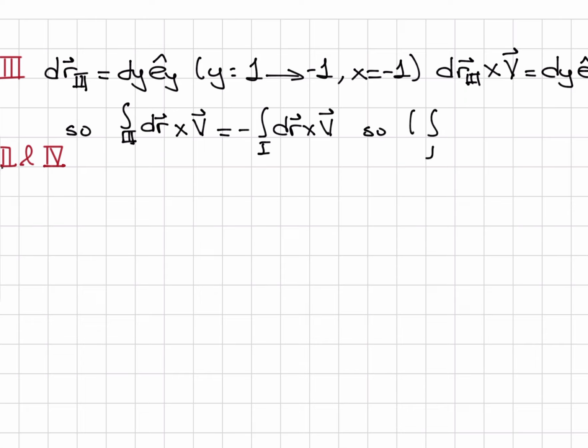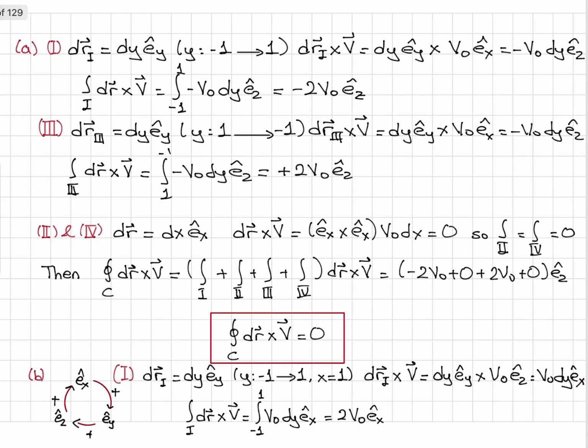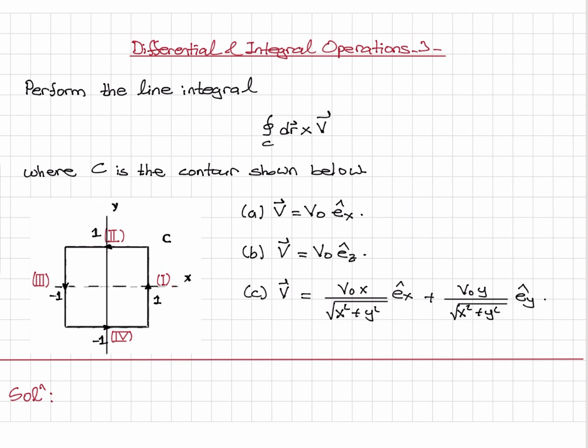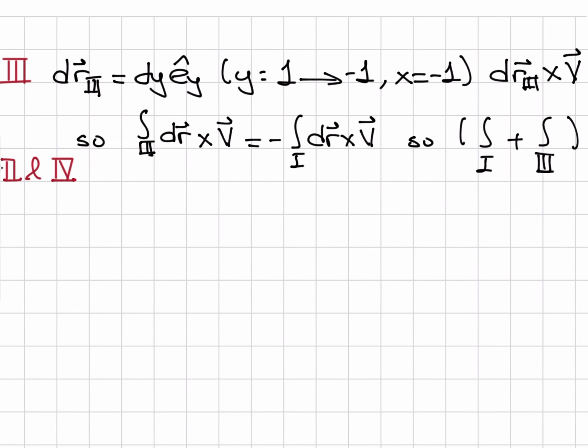So the integral over the first segment and the integral over the third segment for dr cross v add up to 0. How about the second and the fourth segments? For the second and fourth segments, we have dx ex hat. Therefore, dr vector is equal to dx ex hat, and either y is fixed at 1 or y is fixed at minus 1.